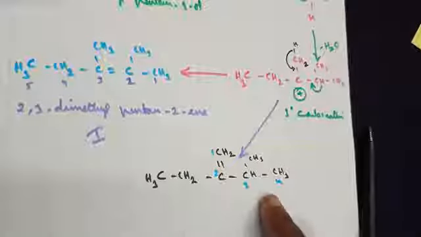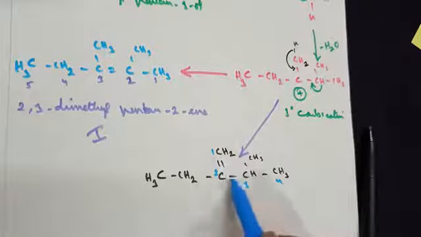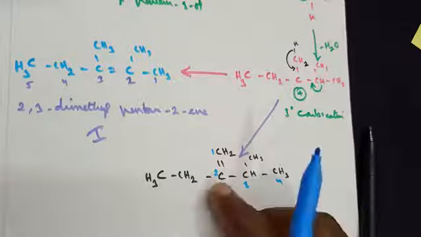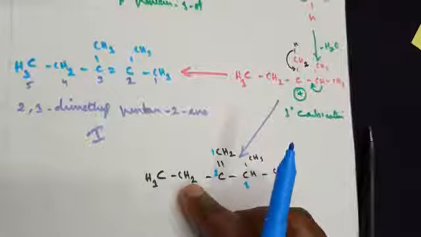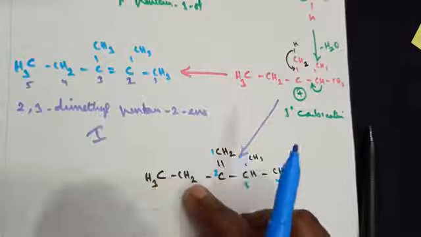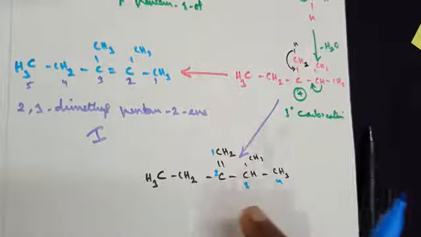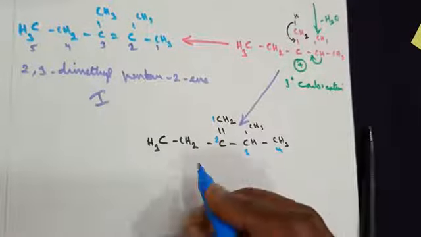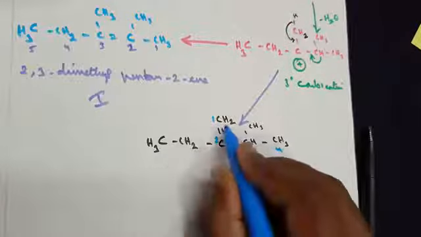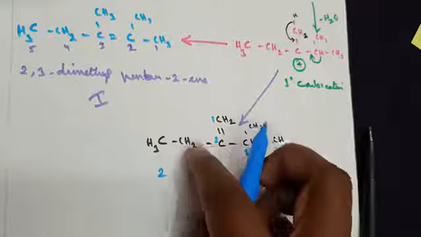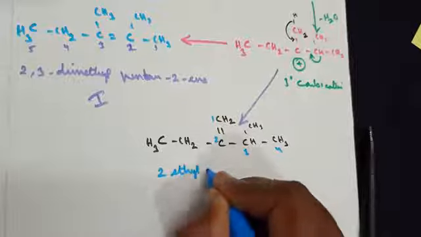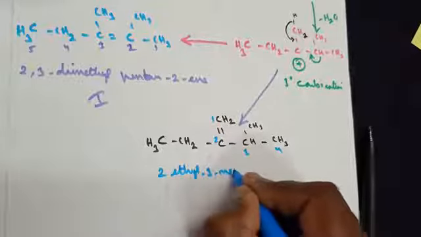If you look at the longer chain, how many carbons have we got? 4 carbons, something to do with butane. The second carbon has an ethyl substitution, CH3, CH2 put together, ethyl. The third carbon has a methyl substitution. So the name will be 2-ethyl, because alphabetically E comes first, 3-methyl.